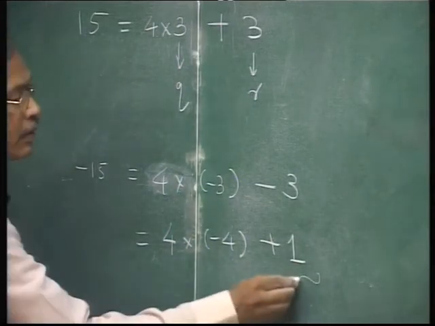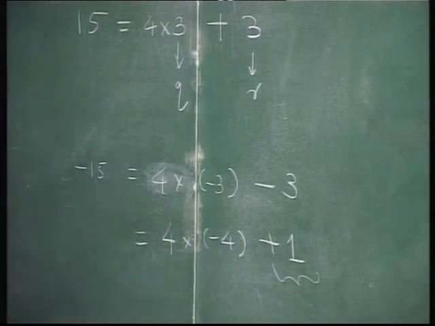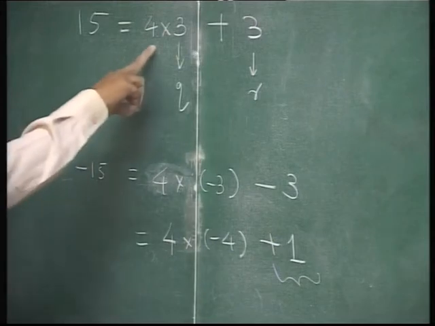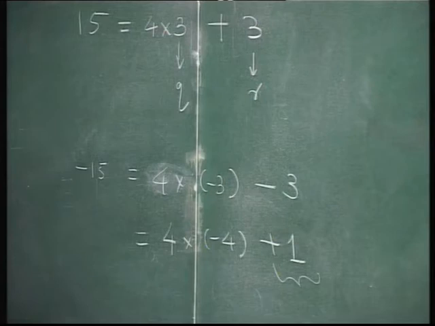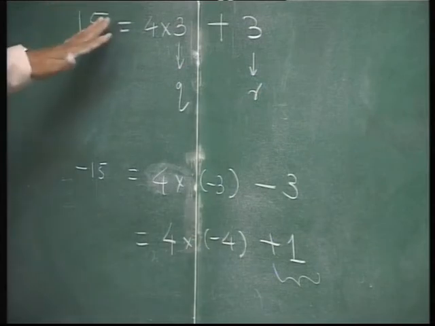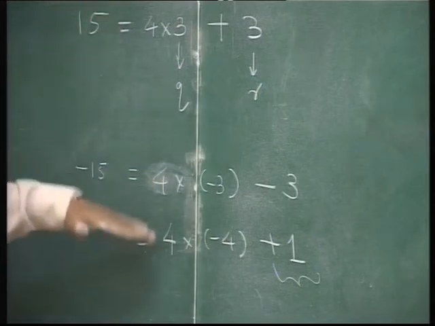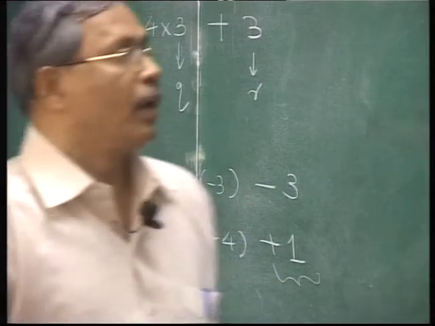This is now an integer which satisfies the requirement that here a is equal to 4, and this number is required to be between 0 and 3. So for negative numbers you can use the calculation for positive numbers also, but you have to be slightly careful that you should get the remainder between 0 and a minus 1.